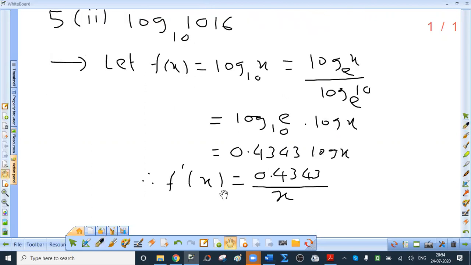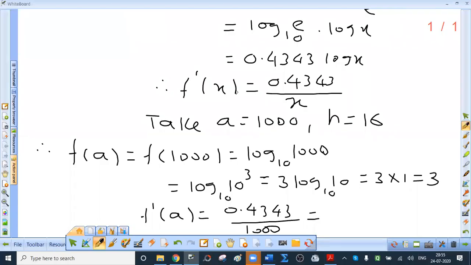Now tell me what will be a and what will be h. So take a equal to 1000, because 1000 can be expressed as power of 10, so that h will be 16. Now complete the solution. Okay, so take a equal to 1000, h equal to 16.